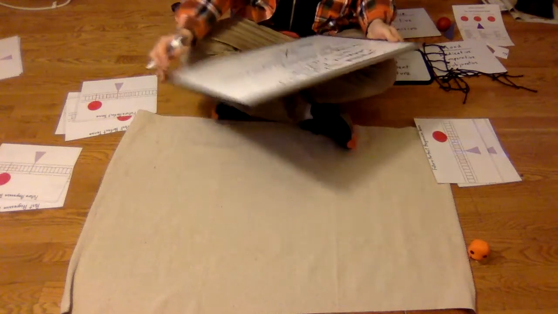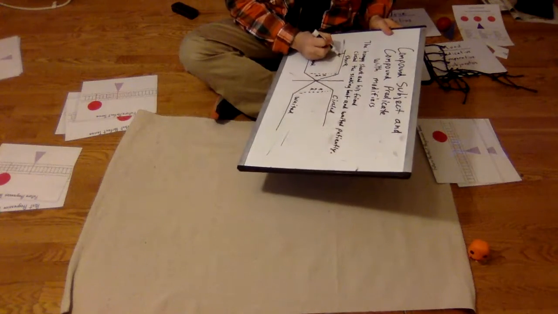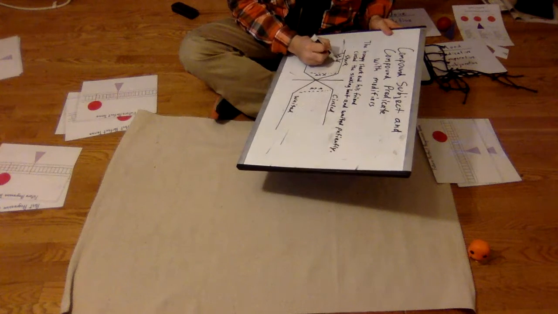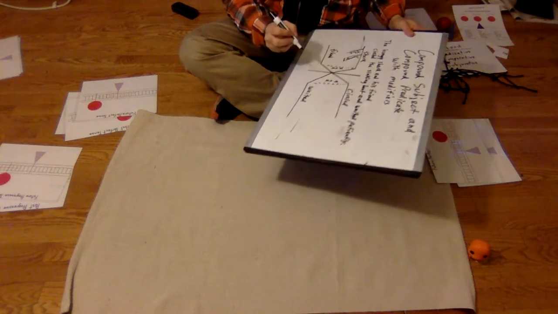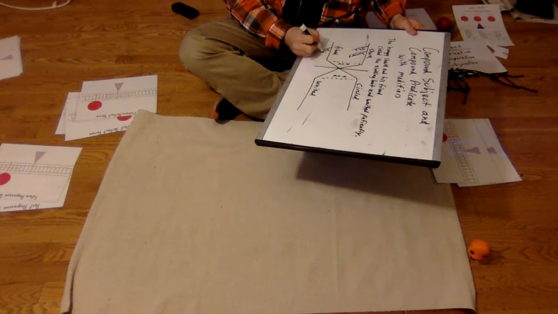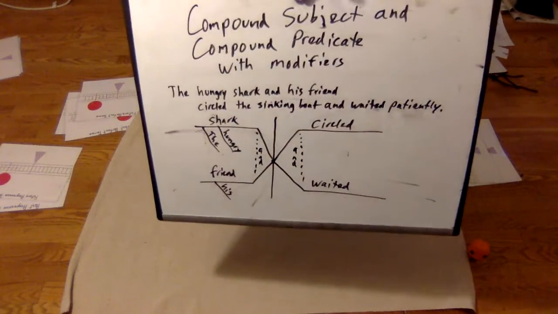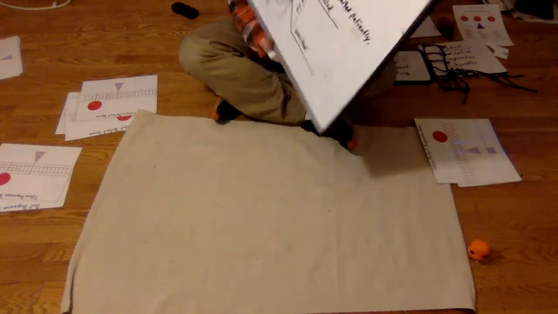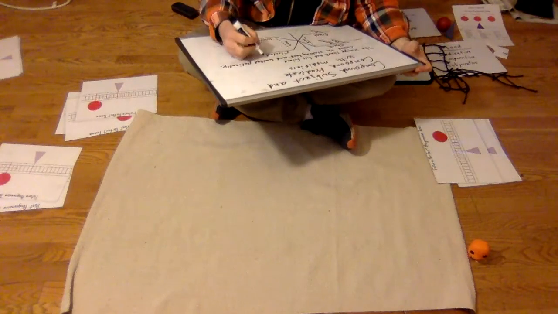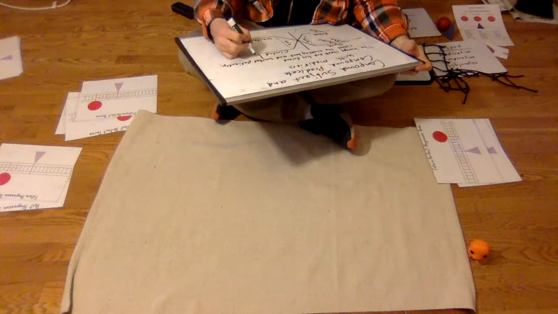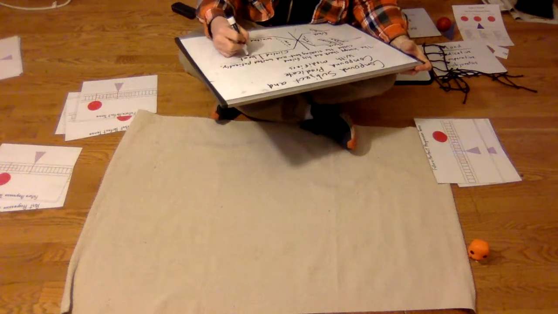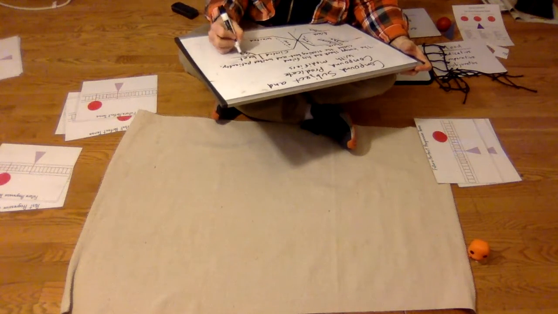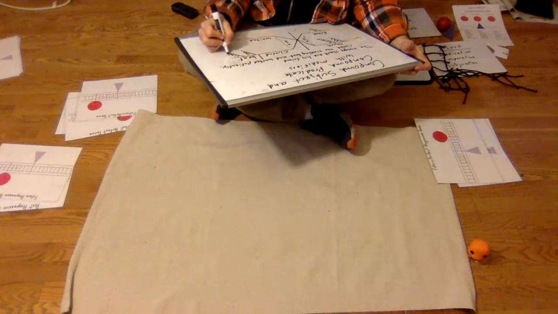The hungry shark, uh-oh, those are modifiers. The hungry and his friend, you guys know what kind of adjective that is. That is a possessive adjective, so I've got that side done. The hungry shark and his friend circled. What did they circle? Go into logical analysis. Boat, direct object, but it's the and sinking.